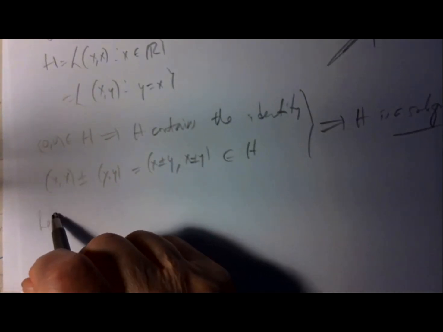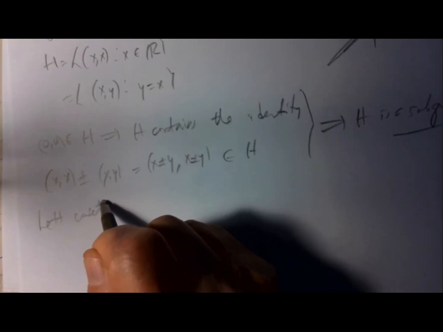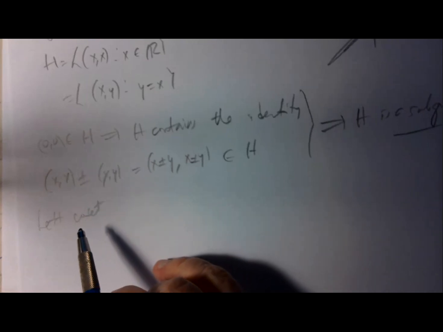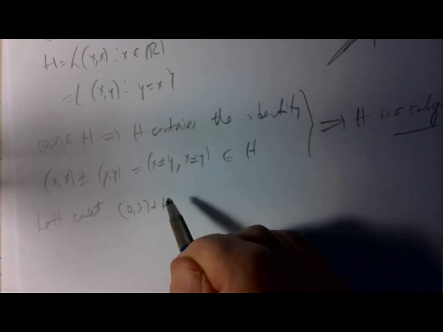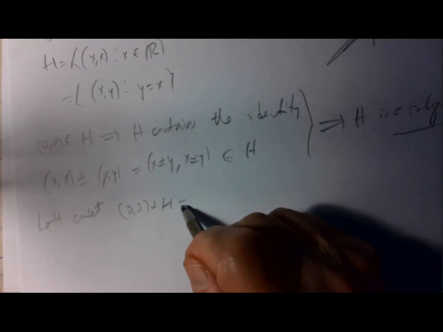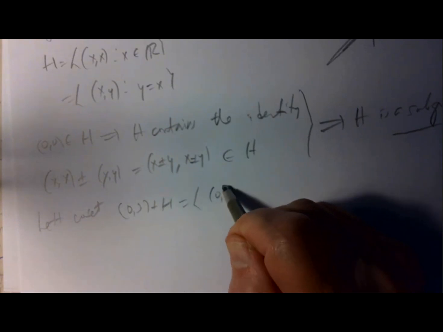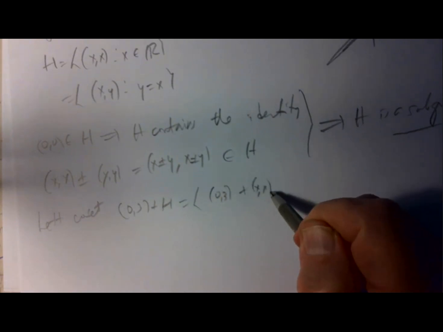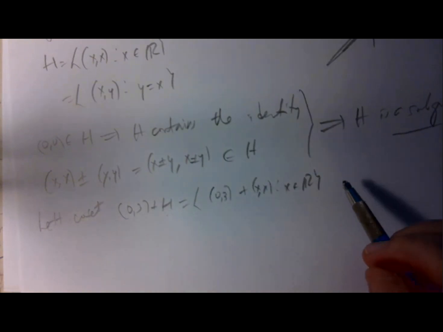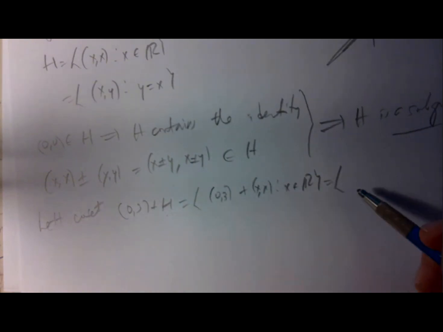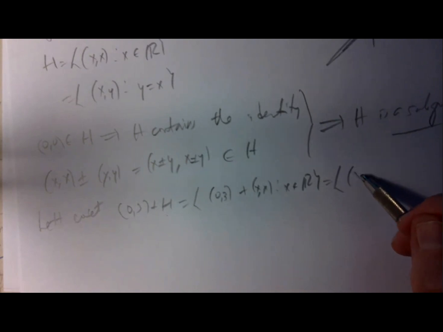And then we look at the left coset, 0, 3 plus H. So this means all points of the form 0, 3 plus X comma X, where X is in R, because that's the set of points in H. And we're just adding these two vectors. That's just X, X plus 3.